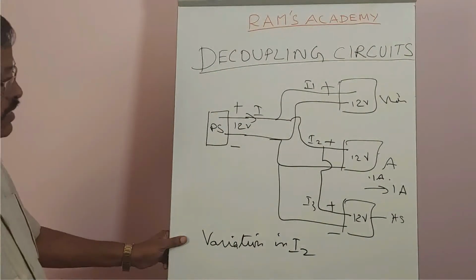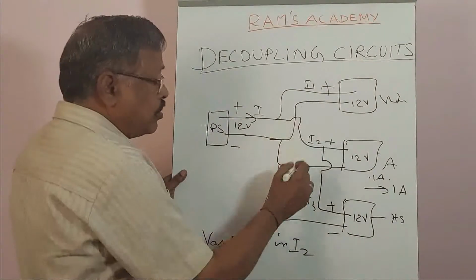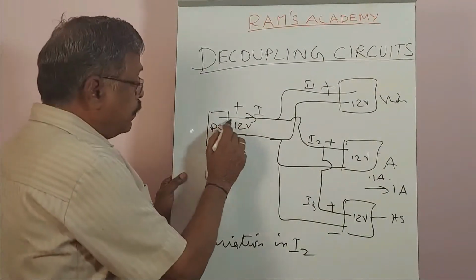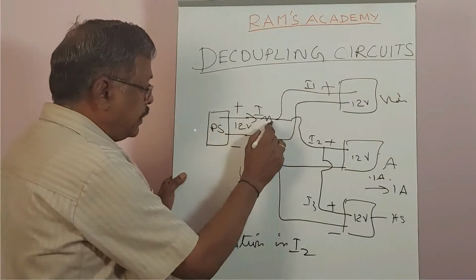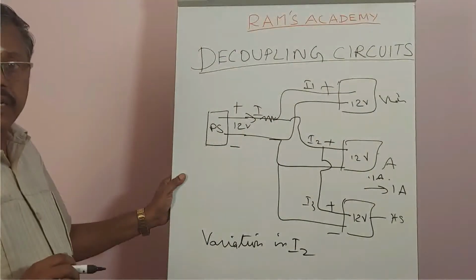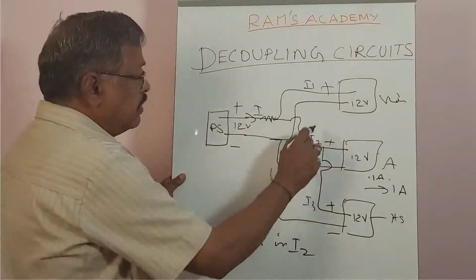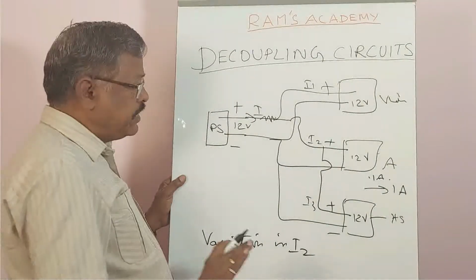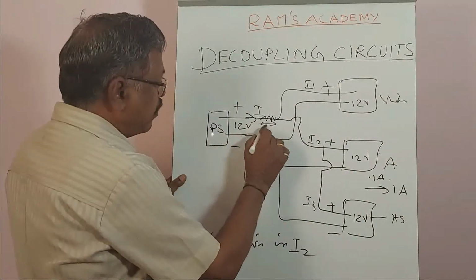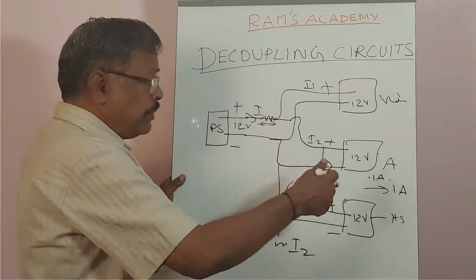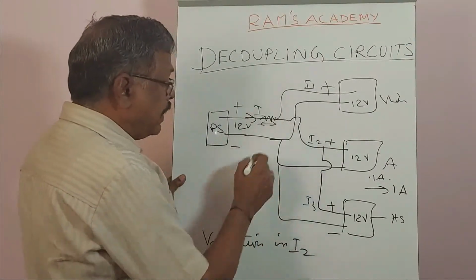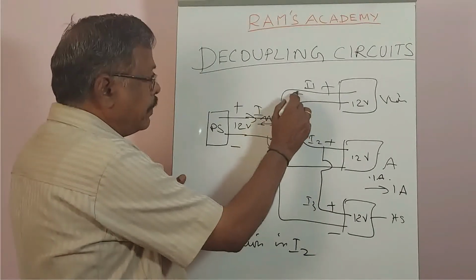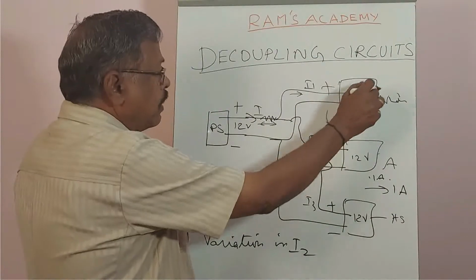Here, everything is going to draw different current. As I have already explained, every power supply has an internal impedance. If I1, I2, I3 are constant throughout the operation, there may be a constant IR drop. When I2 is changing because of the volume, the voltage comes down here, and that also creates a drop in the 12 volt applied to another stage.